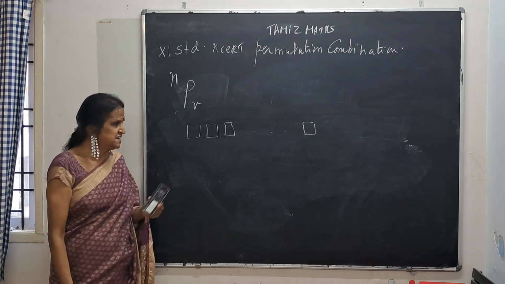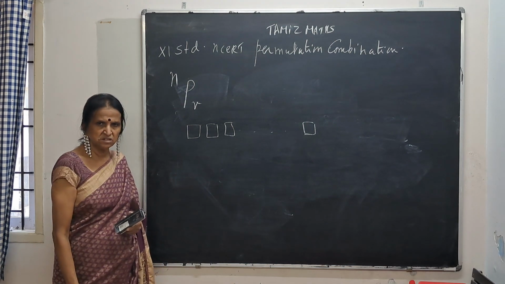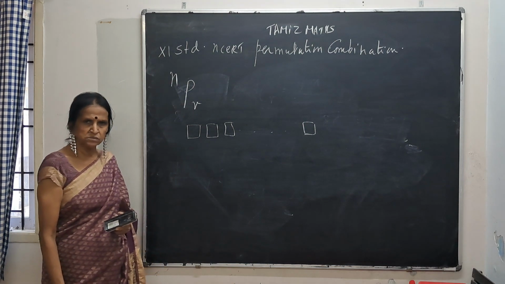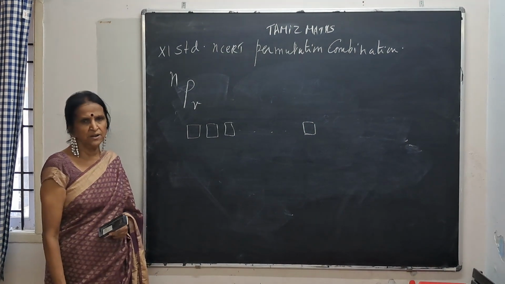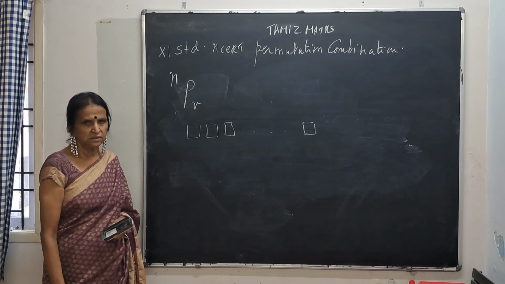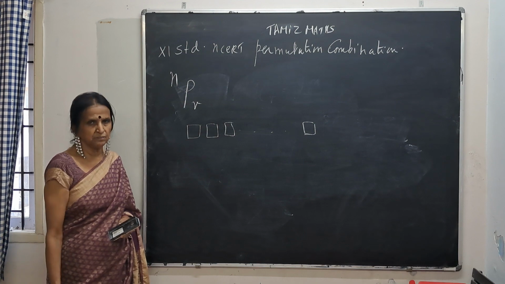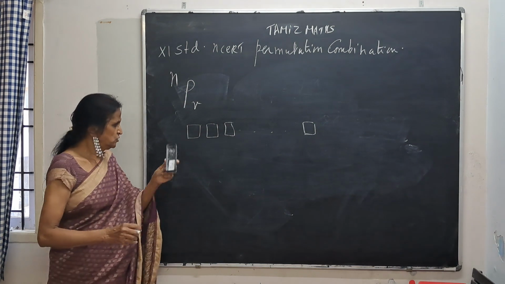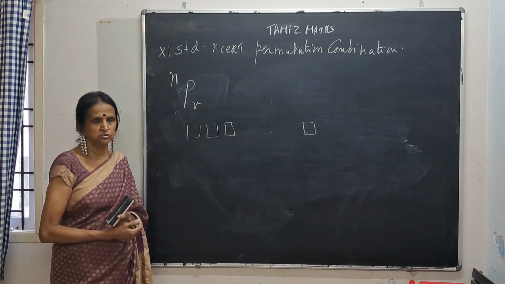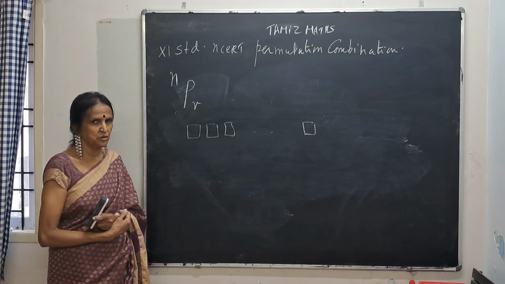The number of ways I can fill up these boxes is equivalent to nPr, where things are not repeated. I can't repeat it. One thing could come only in one box. You can't put the same thing in another box.